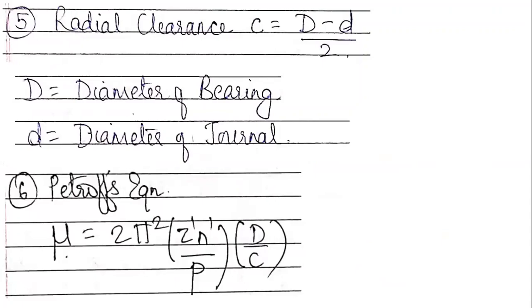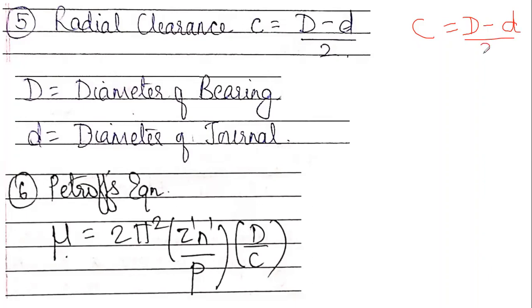Next, I told you that you should remember the formula for radial clearance. Radial clearance C is equal to D, the diameter of the bearing, minus d, the diameter of the journal.